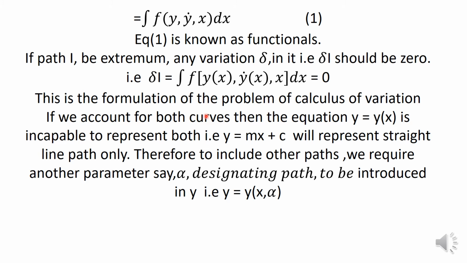If we account for both curves, then the equation y equals y(x) is incapable of representing both, that is, y equals mx plus c will represent the straight line path only. Therefore, to include other paths, we require another parameter, say alpha, designating the path, to be introduced in y, that is y equals y, a function of x comma alpha.